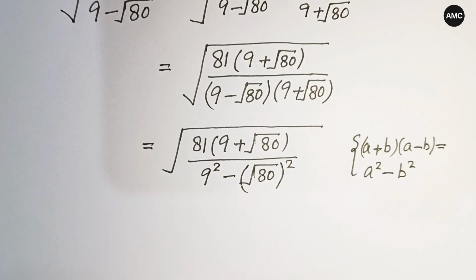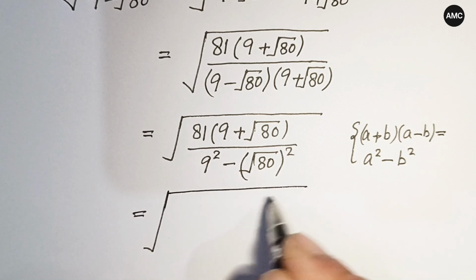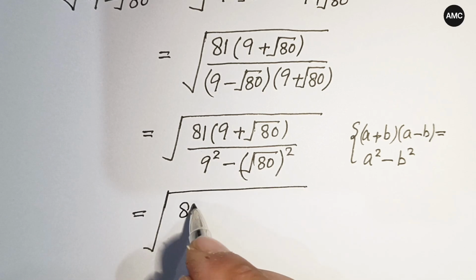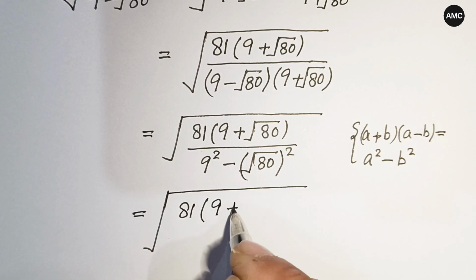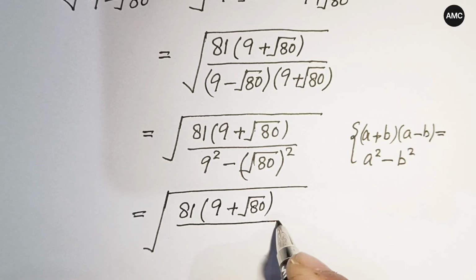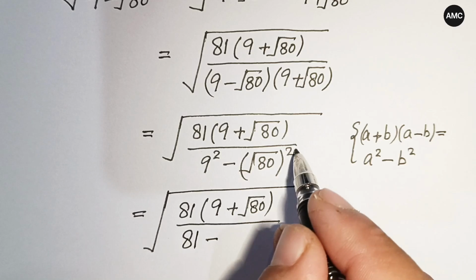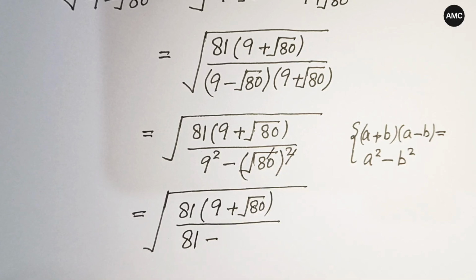So our next step will be square root of 81 times 9 plus square root of 80 all over 9 squared, which is equal to 81, and minus this square is cancelled out with the square root. We will get minus 80.